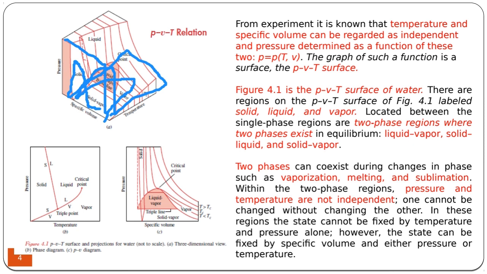The top point of the curve is called the critical point. Above the critical point, there is no distinction between vapor phase or liquid phase. So the terms vapor or liquid lose their meaning above the critical point.